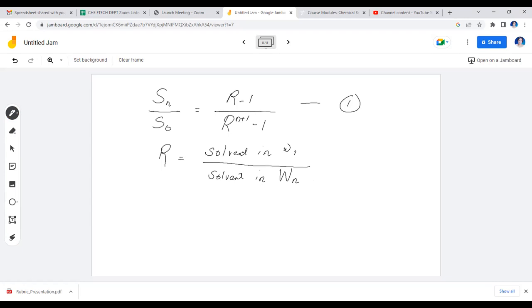This is one of the 3 formulas for R. Okay, class? So we will substitute the solvent that we have in our concentrated wash liquor.